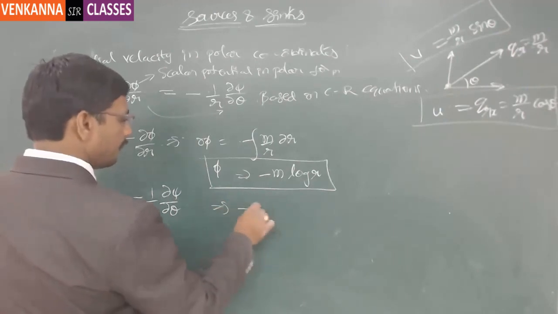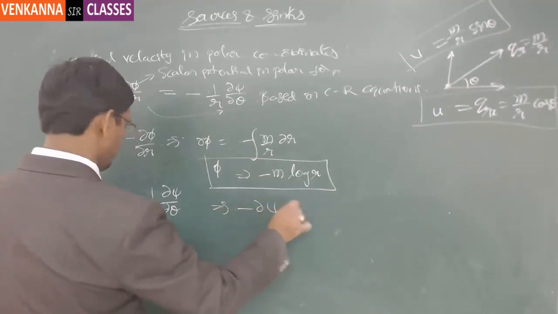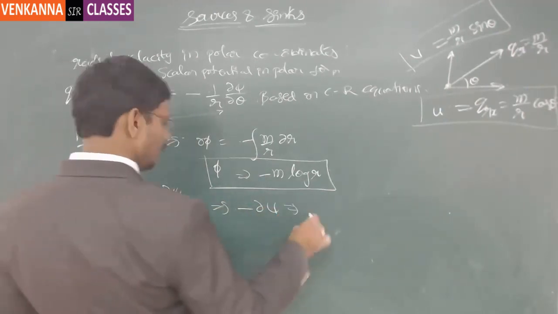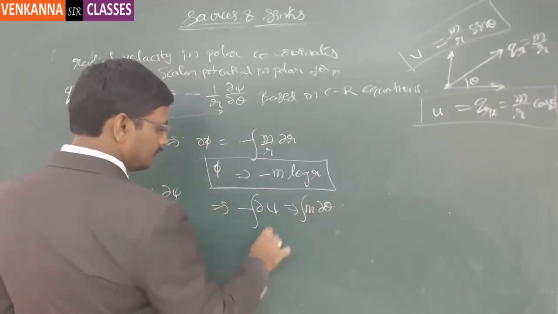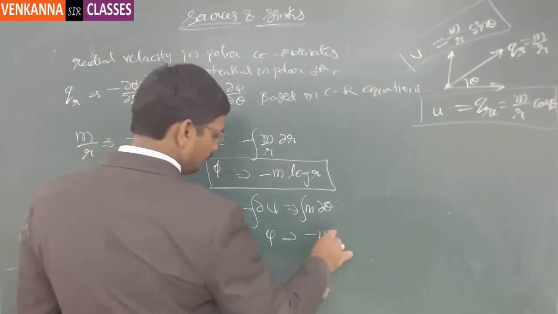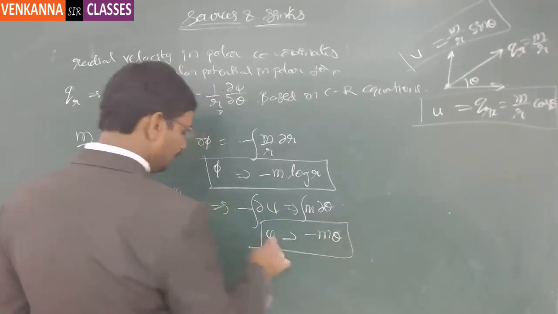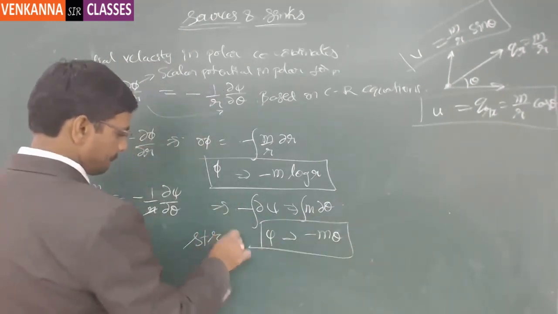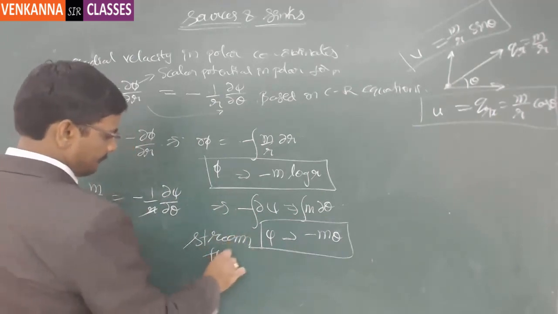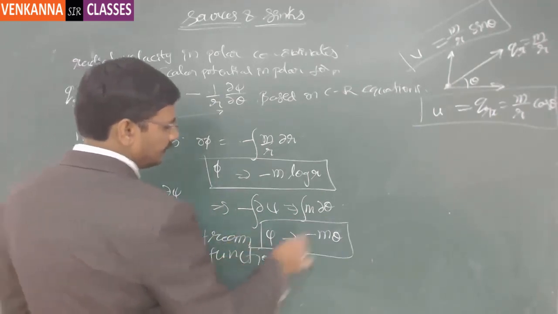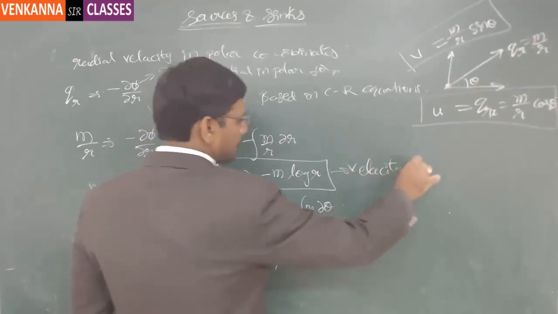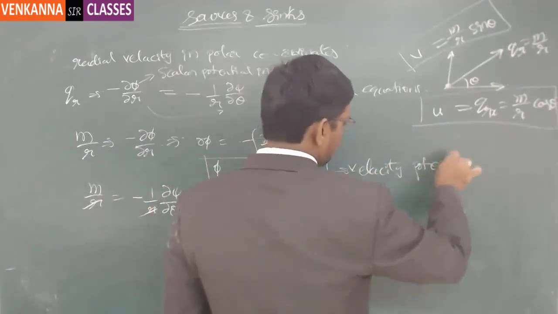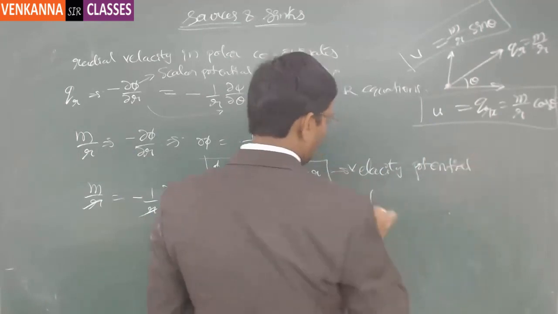Then minus dou psi is equal to m dou theta. And then if you integrate on either side, psi is equal to minus m theta. So this is the stream function. This is the velocity potential. For a source.